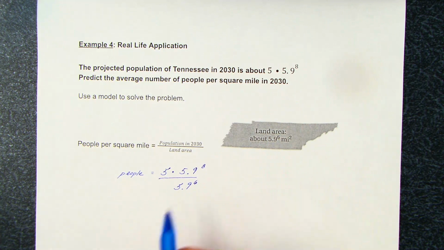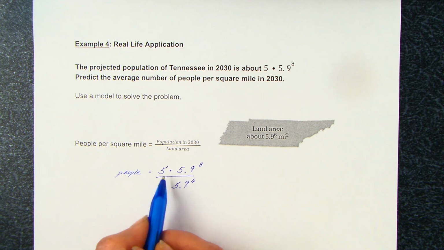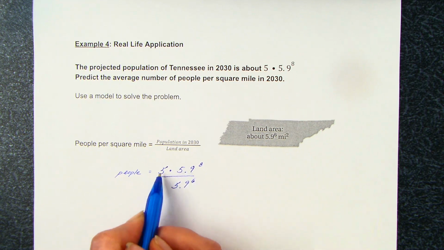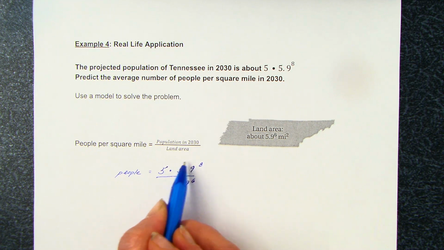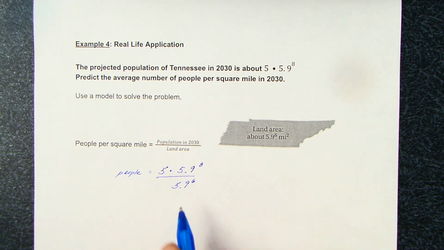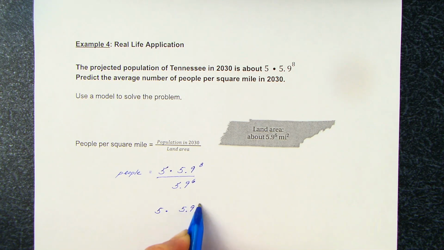Okay, but anyway, you can't combine these two things together. Remember that you have to have the same base. So the base here is 5.9, so you can't add this 5 over here, even though they're both 5s. You have to go ahead and do this first. So let's rewrite this as 5 times 5.9 to the 8th over 5.9 to the 6th.